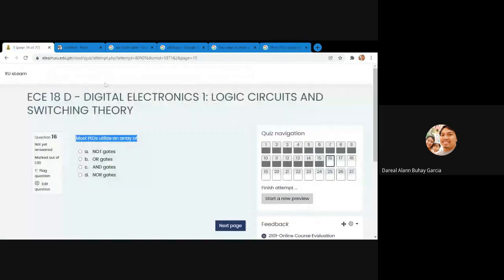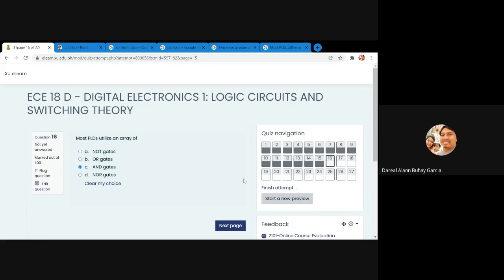Naman tanan. NAND, NOR? NOR siguro. AND gates.